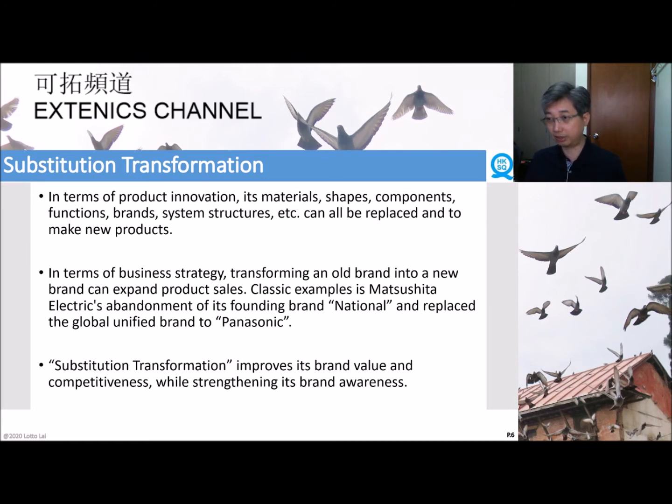A classical example is Matsushita Electric, which abandoned its founding name National and replaced it with the global unified brand Panasonic. The substitution transformation therefore could improve its brand value and competitiveness, while strengthening its name awareness.